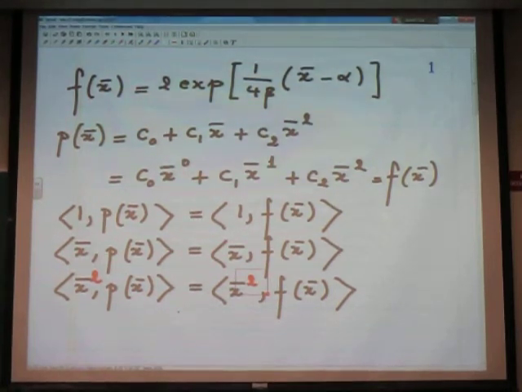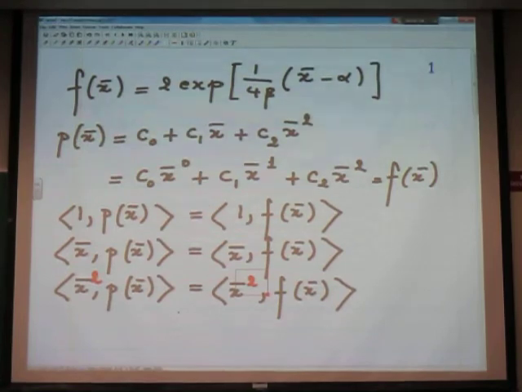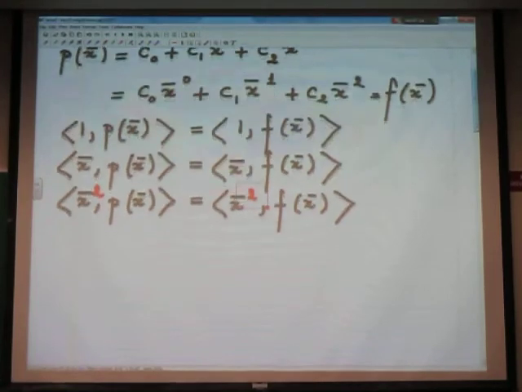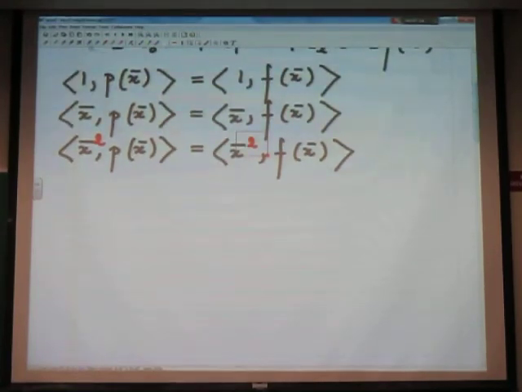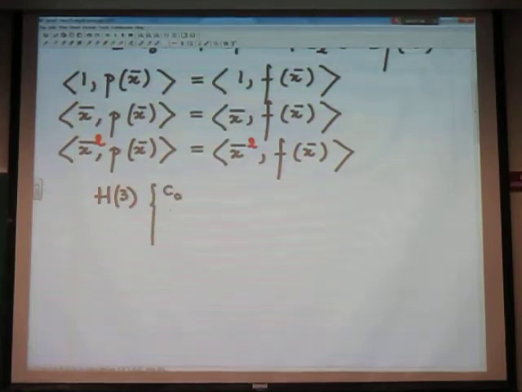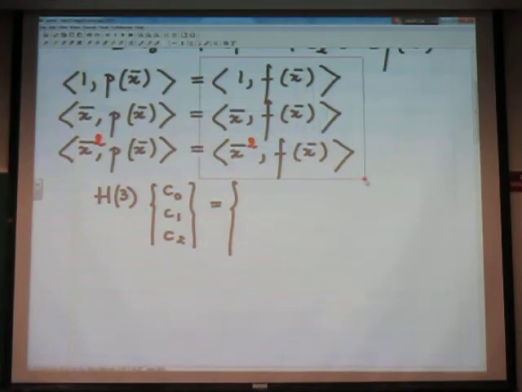That's it. From here, you should have 3 equations for 3 unknowns, and they can be written as a Hilbert matrix of order 3 times the column matrix of C0, C1, C2 equal to the column matrix that contains all of these 3 numbers here.